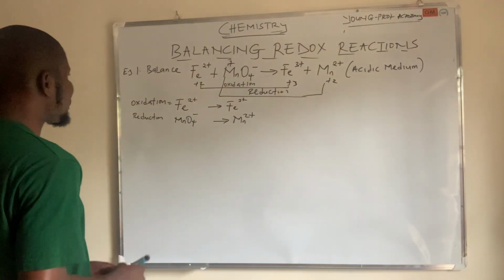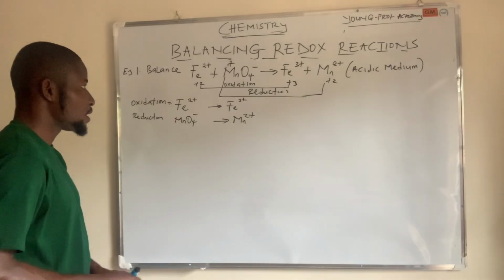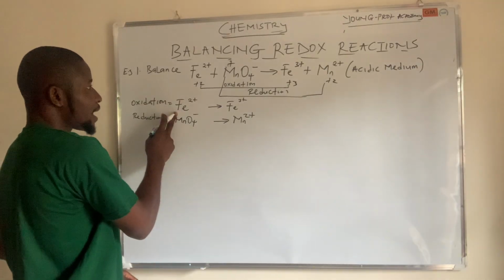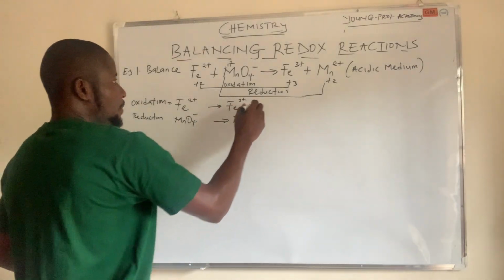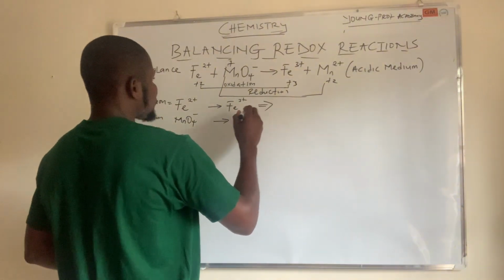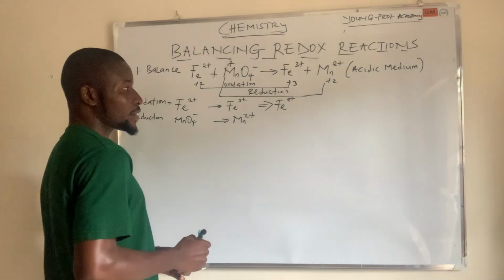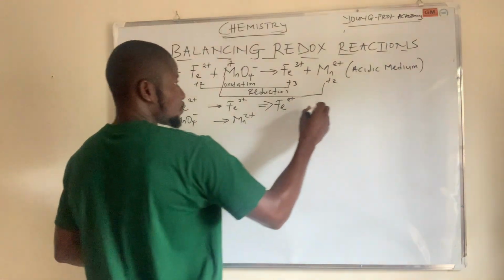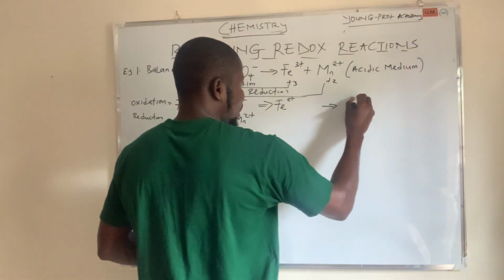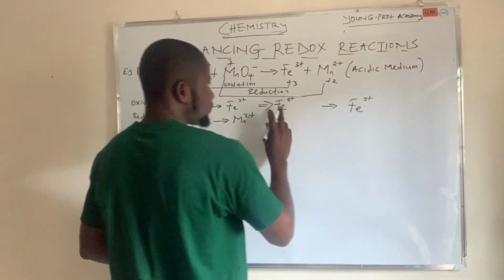Now, let us start by balancing the iron. In this state, we have one iron here, one iron here. So let me put it this way: 1 mole of Fe2+ gives me Fe3+, that is from ferrous to ferric.